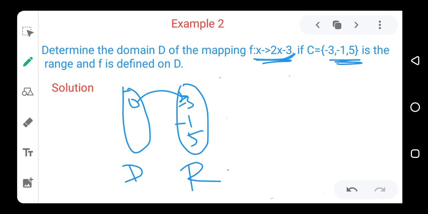So we are trying to establish the values that created these images. Now we pick minus 1. For minus 1, remember we said that the rule is that f of x is equal to 2x minus 3. Now for minus 1, that is when f of x is equal to minus 1.